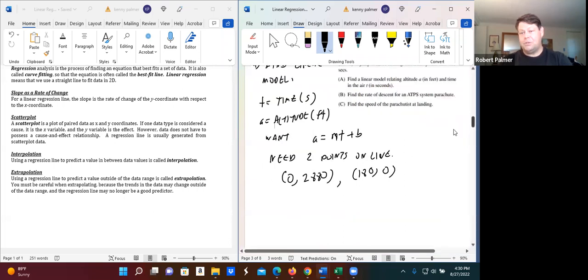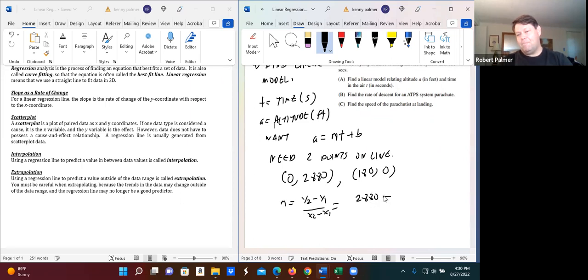Now our formula for the slope is y2 minus y1 over x2 minus x1. It doesn't matter which you call y1 or y2, but just be consistent. So if I start with this y, I have to start with this x. Let's start with this y: that's 2,880 minus this y, which is 0.